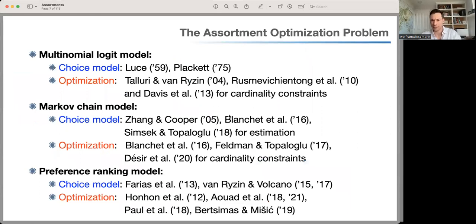Now, assortment optimization problems of this form have been studied intensively over the last 20 years. This is just a very small summary of the literature that is most closely related to what we're going to talk about today.